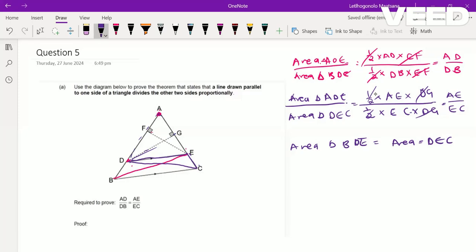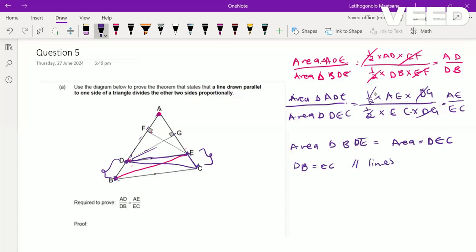Why do we say that? Because they are stuck between two parallel lines, meaning there's always going to be an equal distance between these two. So we'll say here that they have the same base because they are stuck there. So essentially we're saying that DB is equivalent to EC because of the parallel lines, right?